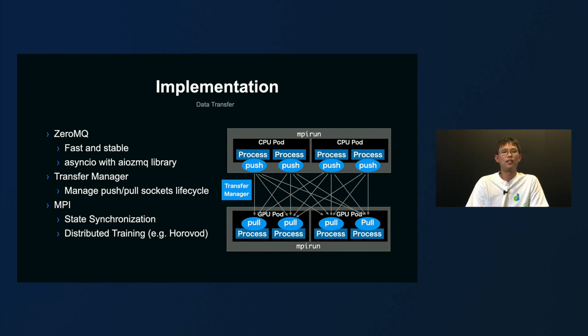Line has used 0MQ in the past, so we decided to use it because of its speed and stability. We also used a module called Transfer Manager to manage the complicated multiple push and pull. Last, for parallel processing, all stages are realized through MPI. By doing this, we can naturally support parallel learning with MPI, for example, Horovod.